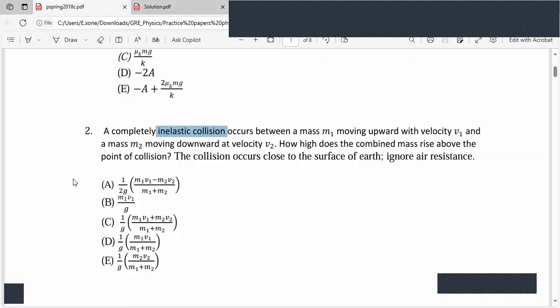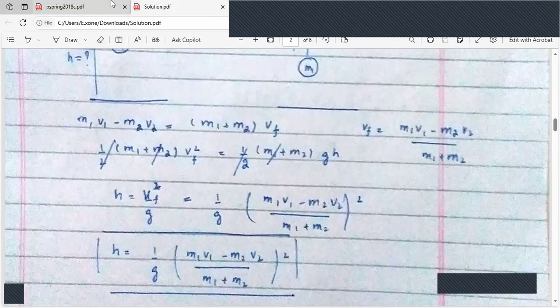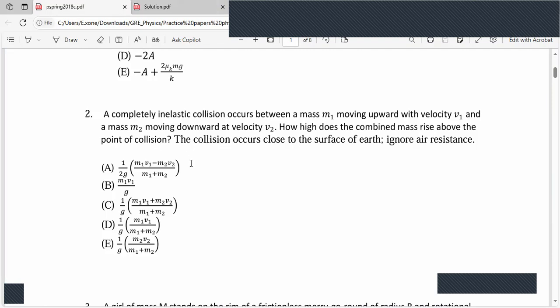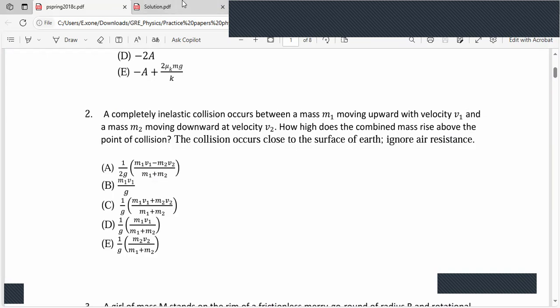None of the answers is given exactly as what we have found, but I think there is some kind of mistake here, because if we do some dimensional analysis, there should be a square in the solution of the problem. So answer A is quite close to it.